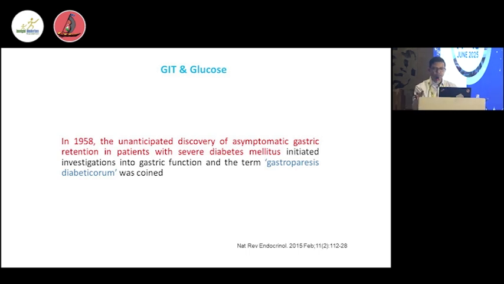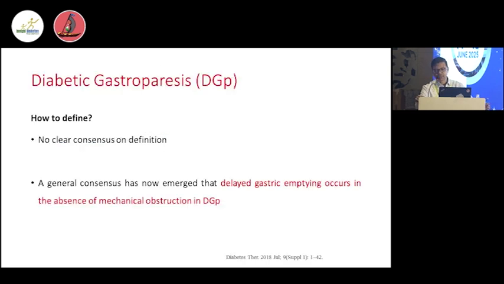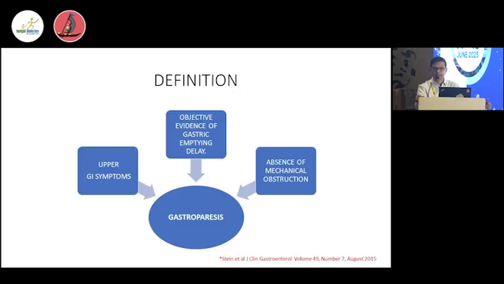To start off with history, in 1958, the unanticipated discovery of asymptomatic gastric retention in patients with severe diabetes mellitus initiated investigations into gastric function and the term gastroparesis diabeticum was coined. There is no clear consensus regarding the definition, but a general consensus has now emerged. Basically, there is delayed gastric emptying which occurs in the absence of a mechanical obstruction.